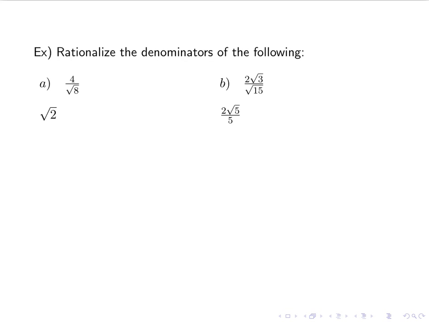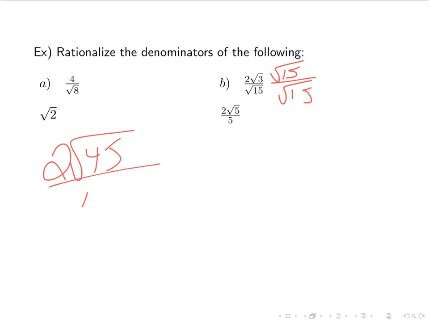If I didn't simplify first, I'd be multiplying the top and bottom by root 15. So if I multiplied top and bottom by root 15, without simplifying first, I'd be left with 2 root 45 on top and 15 on the bottom.